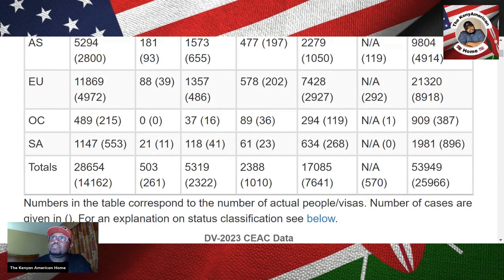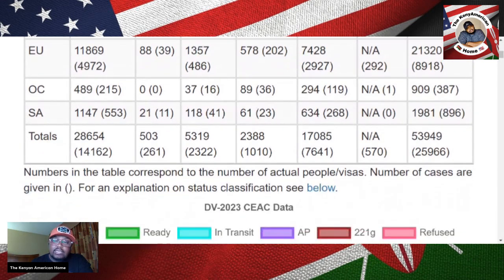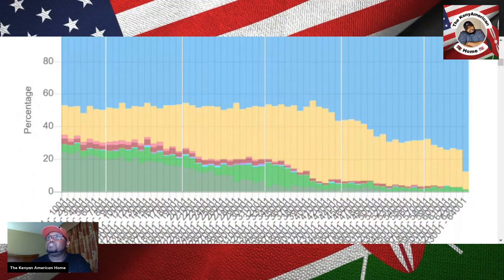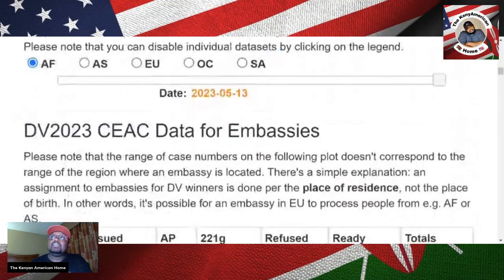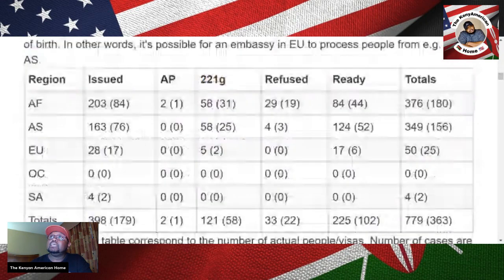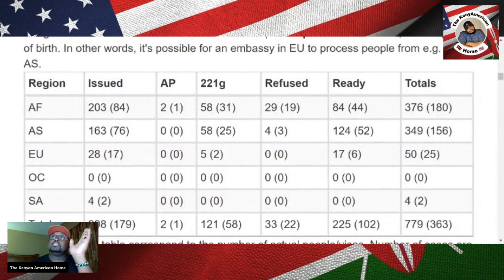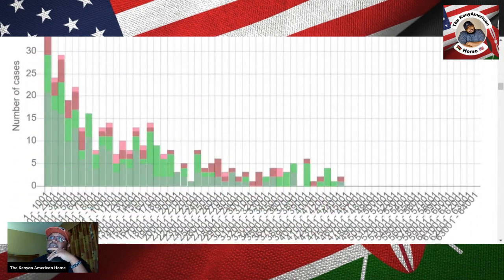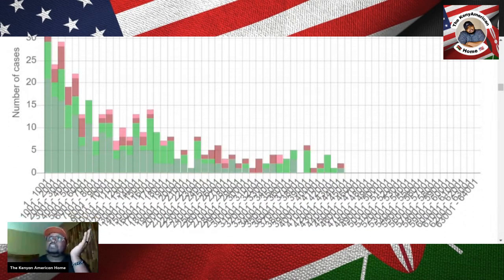And so if you're still waiting, there's still 4.5 months to go. So this site, and I'll share the link, talks about the embassies and how they process some of this, and each embassy is different.